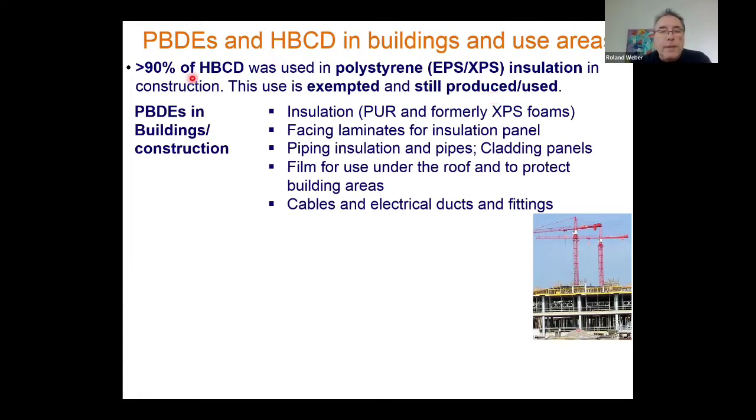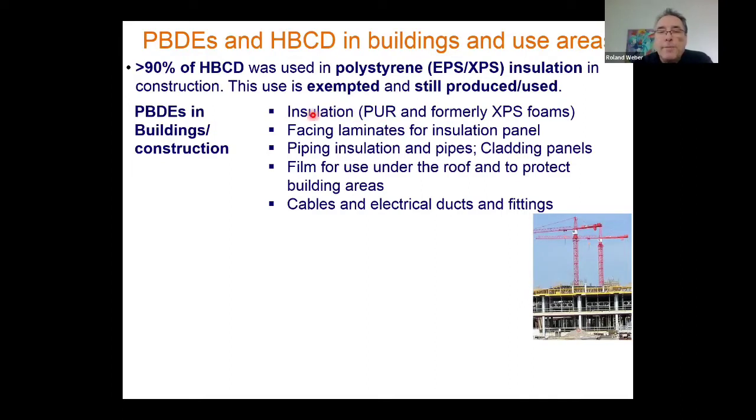When you look to the PBDEs, their use in buildings was more diverse. Partly it has been used in insulation, in polyurethane foam, and partly in polystyrene foam. The polyurethane foam is still exempted.